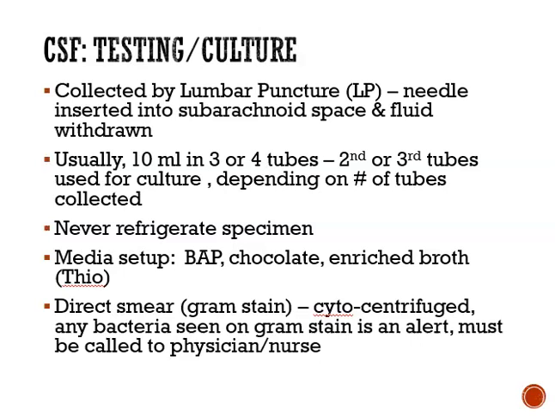If we do either recover an organism through molecular testing, or we have a positive gram stain, and I don't mean gram positive, I mean we detect an organism on the gram stain, that's considered an alert or a critical value because CSF is a sterile fluid. There should not be any bacteria in a CSF, so we would have to call that result to the physician or to the nurse.